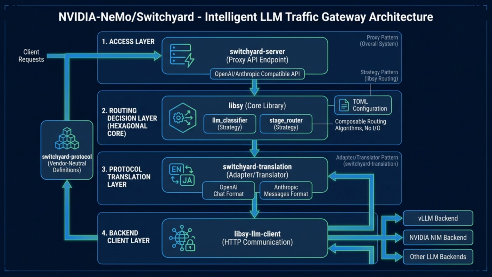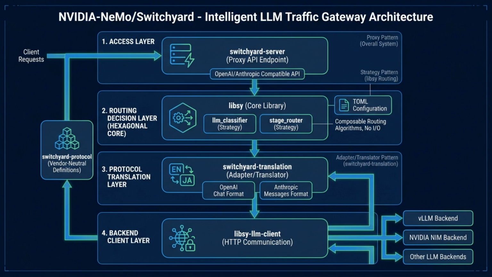Before tools like Switchyard came along, developers were stuck writing fragile, custom code just to manage multiple models. This was not only inefficient, but also a nightmare to maintain. It led to vendor lock-in and made it hard to experiment. Switchyard's unique angle is to be a universal translator and a traffic controller, sitting right between an application and the diverse world of LLM backends.